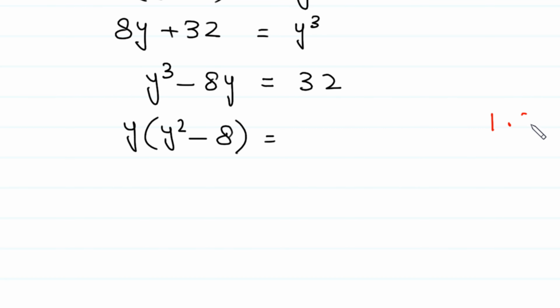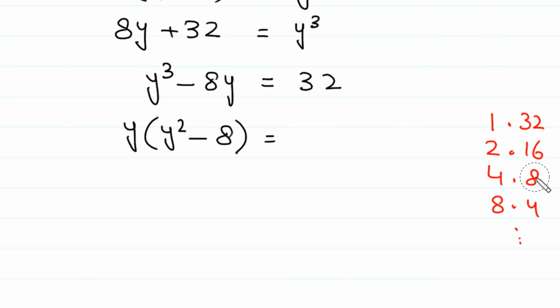1 times 32, 2 times 16, 4 times 8, 8 times 4, and so on. Now we can see here y times y square minus 8. So from these factor pairs, we select the pair where one factor is 8 less than the square of the other factor.